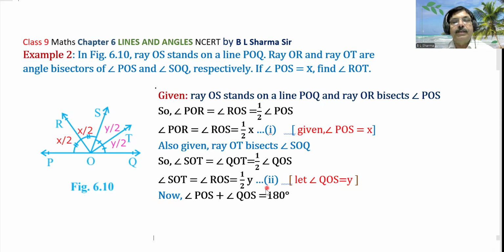That is why their sum is 180 degree. Here in place of angle POS you can write x and angle QOS, y. This whole angle is x and this whole angle is y. What is their sum? 180 degree.